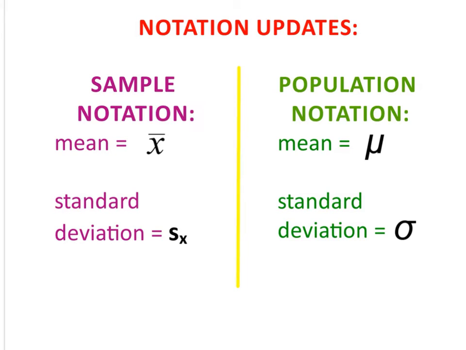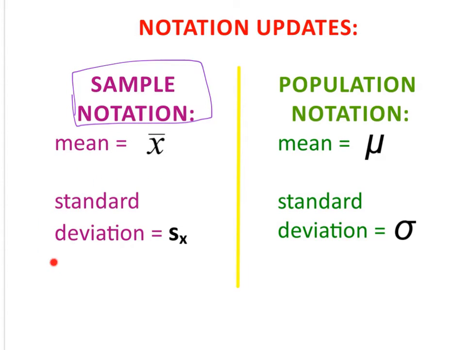So before we dive into new material, we need to talk about some notation updates. Up until this point, we have focused on sample notation. For sample notation, the mean we said was x bar, or that x with a line above it. This was my mean.